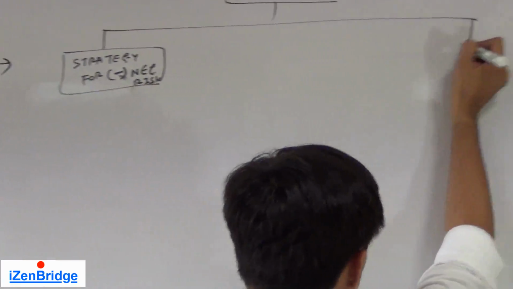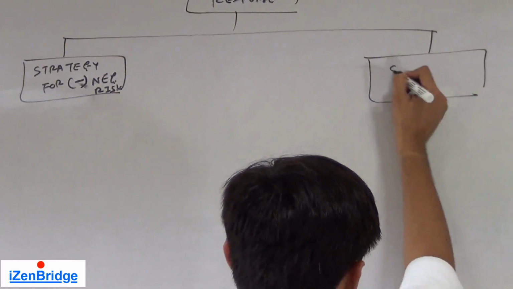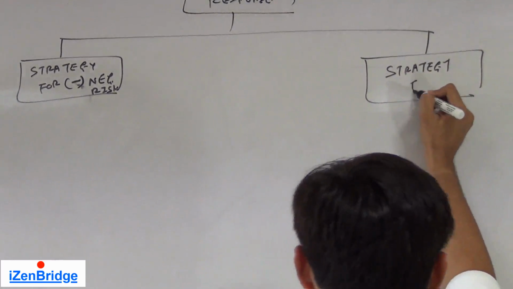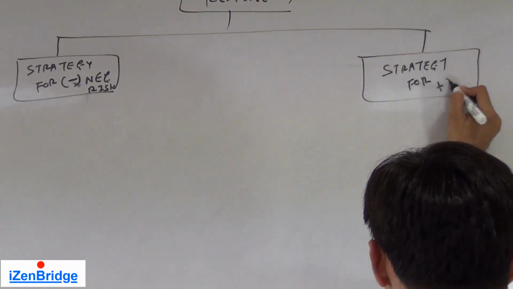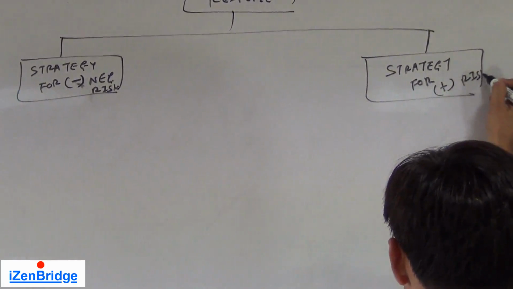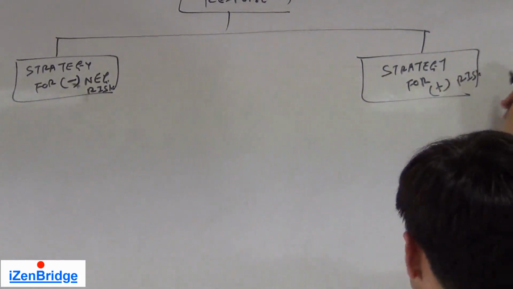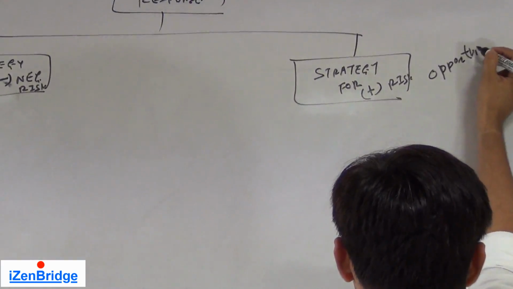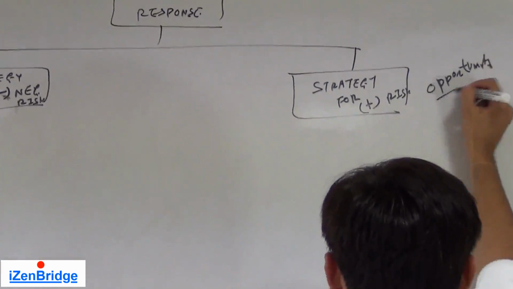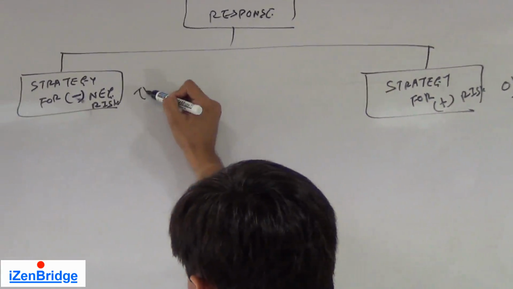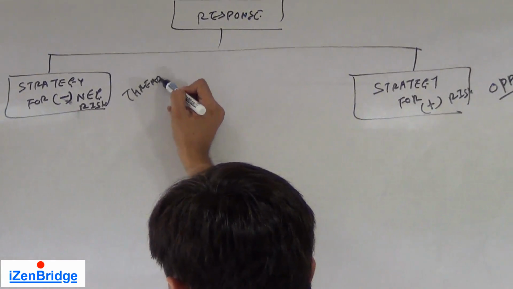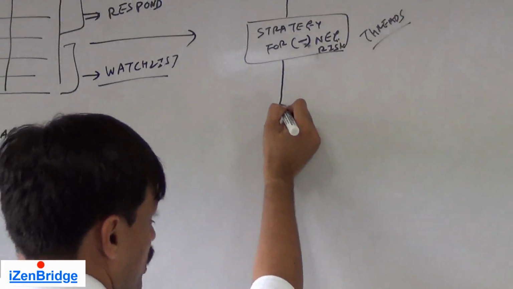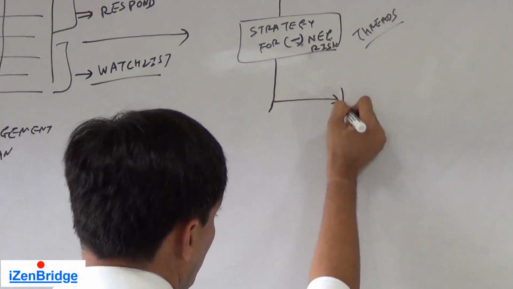The positive risks can be treated as opportunities and negative risks can also be treated as threats. Now, the first thing which we can think of doing is avoiding it.